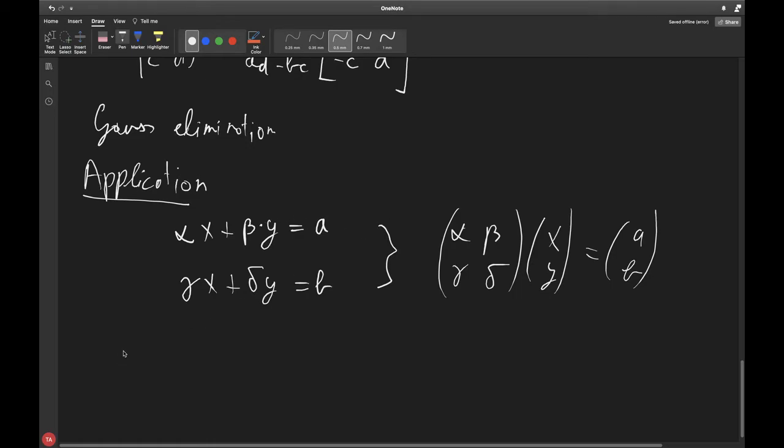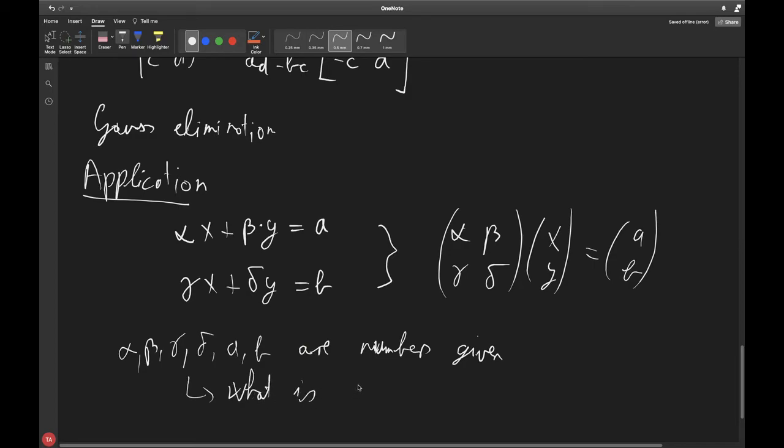So if these are real equations, then alpha, beta, gamma, delta, a, and b are given numbers. And usually the question is, what are the two unknowns x and y?